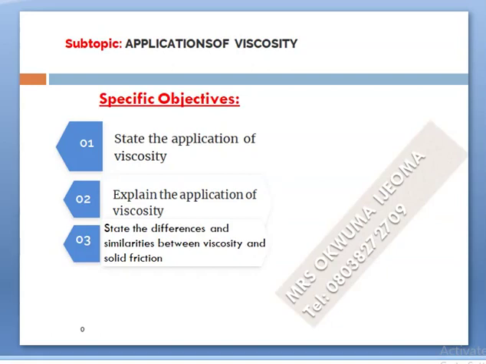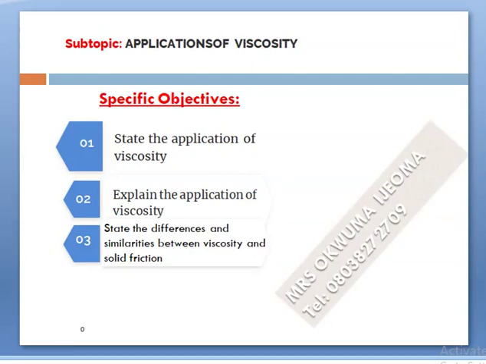And remember we said that in liquid, viscosity is due to what? Cohesion, the force of cohesion between the liquid molecules. Whereas in gases, viscosity occurs as a result of what? Collision between the gas molecules.